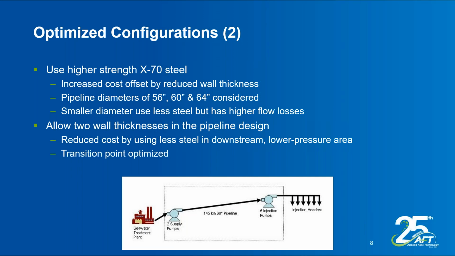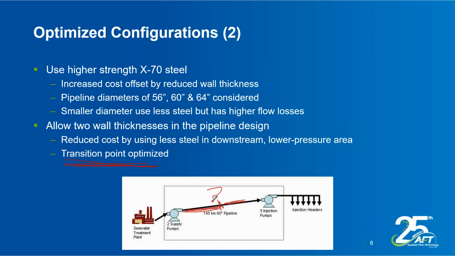So that's what the idea was, and it was a bit of iteration that was required to figure out where that transition point was. So how far down the pipeline would a particular wall thickness be used before the transition point to a smaller wall thickness?